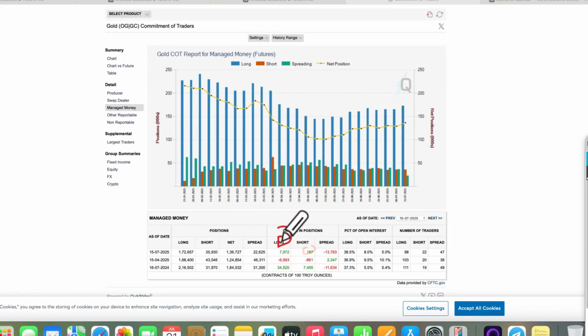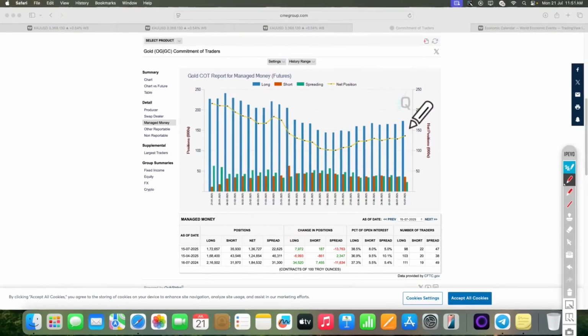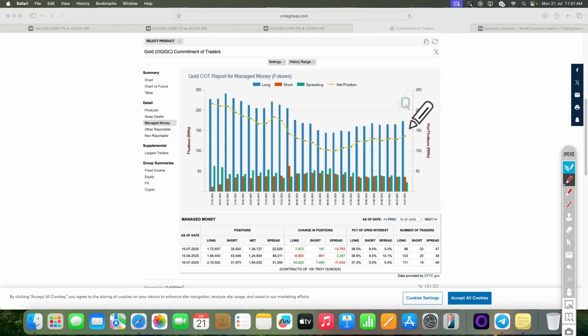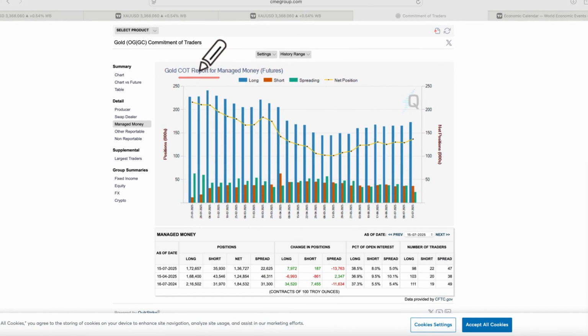But the managed money is now clearly indicating a very healthy sign for bulls, because this is a very good amount of bullish positions that they added to the long side. So yes, the sentiment from the COT report is clearly in favor of bulls right now.